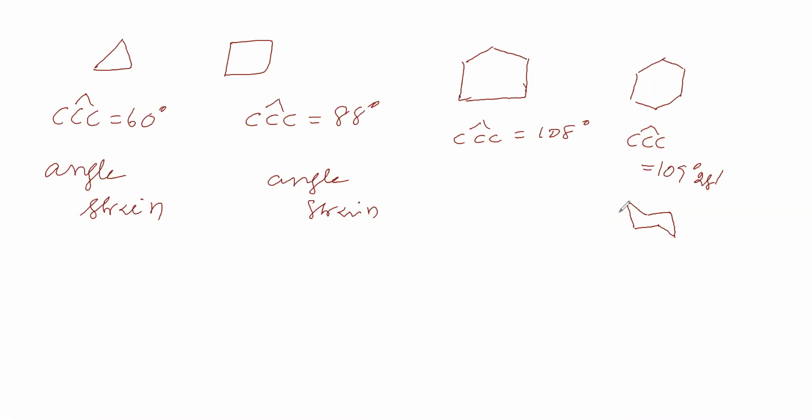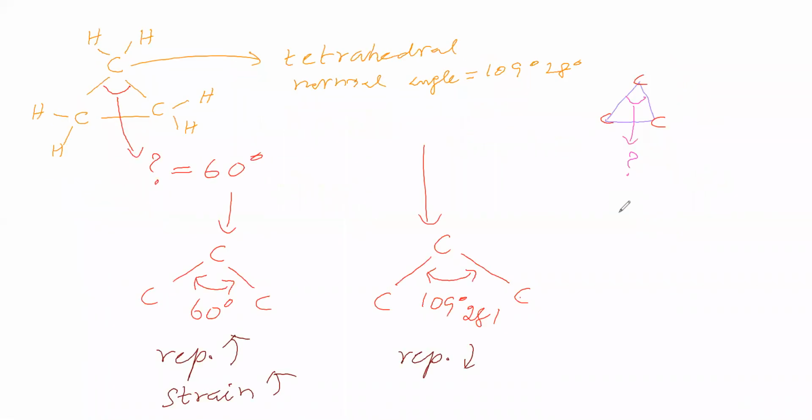So what is angle strain? That we will see. Angle strain means, in cyclopropane, the bond angle is less than the normal value.